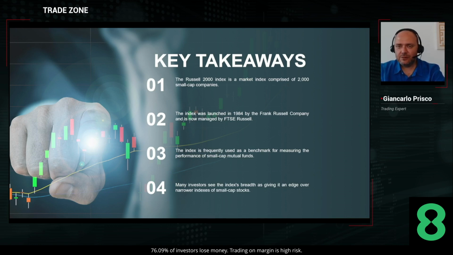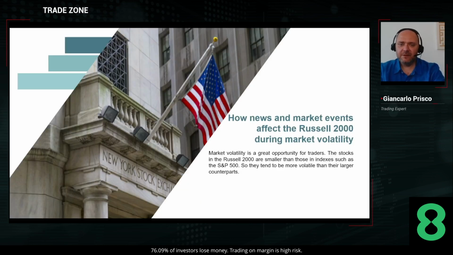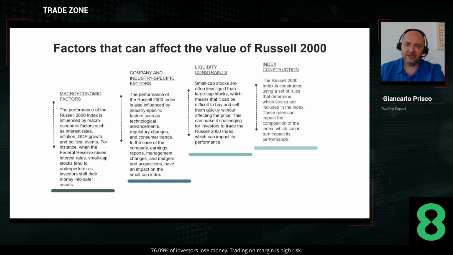It is frequently used as a benchmark to see the performance of small cap mutual funds, and many investors use the index to understand how the USA economy works. In this sense, probably because it's more volatile, we have interesting opportunities, and we have to work in a slightly different way compared with the larger indexes.